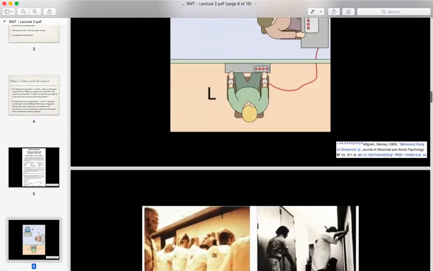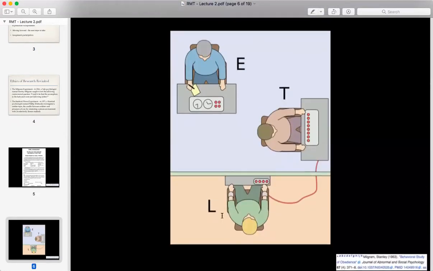Throughout the course of the experiment, it was seen that above 80%, I believe the exact figure was 82%, of all the subjects being tested in this way agreed to administer a shock with a voltage that would obviously have been lethal to the actor if he was actually receiving these shocks.